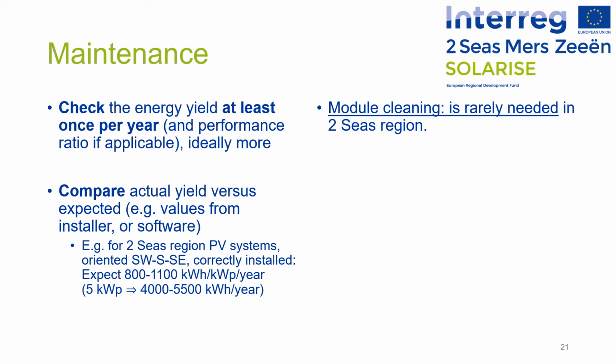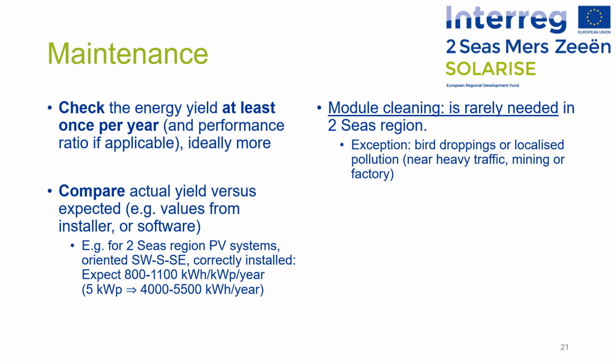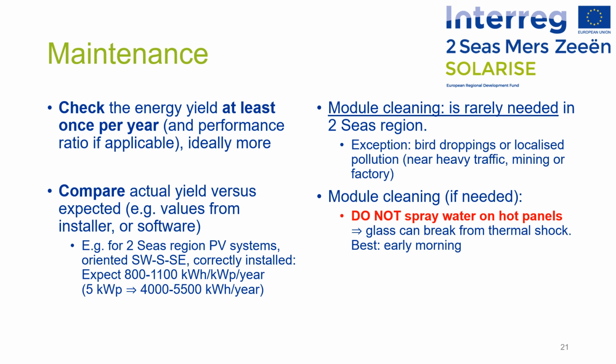As to module cleaning, this is rarely needed, but there are some exceptions. For example, bird droppings or localized pollution, that a PV system is near heavy traffic, mining activities, or near a factory. And then if module cleaning has to be done, you need to avoid spraying water on hot panels because the glass can break from thermal shock.